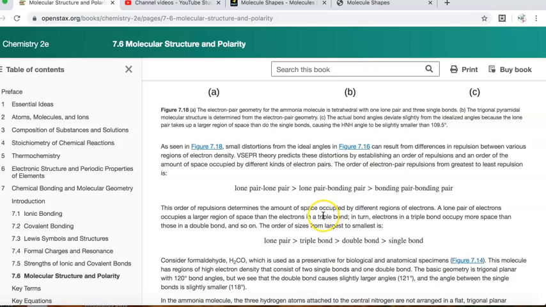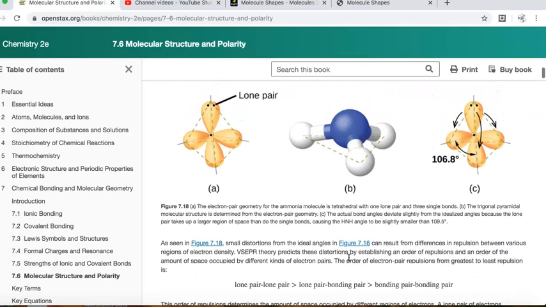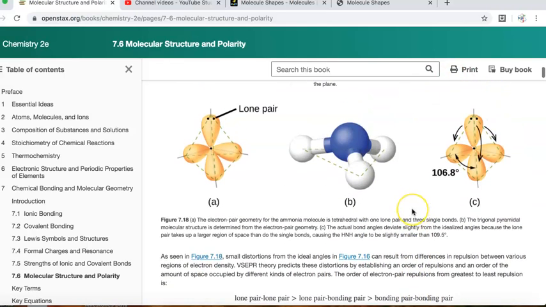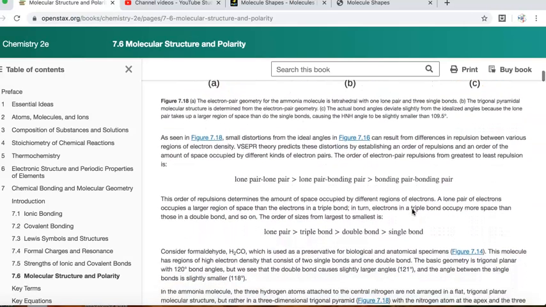And that's greater than a lone pair-bonding pair or a bonding pair interaction. So what we're saying is if the molecule has a lone pair, it's basically going to force the other bonds, whether they're single, double, or triple bonds, to get closer, because a lone pair takes up more space than a triple bond does, and it takes up more space than a double bond, single bond, etc. So you can see that ranking here. The lone pair occupies more space than a triple bond. The triple bond occupies more space than a double bond. And a double bond occupies more space than a single bond.